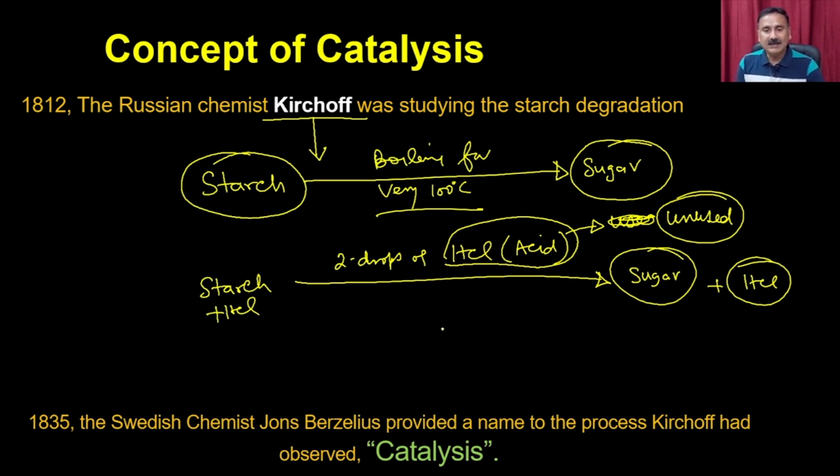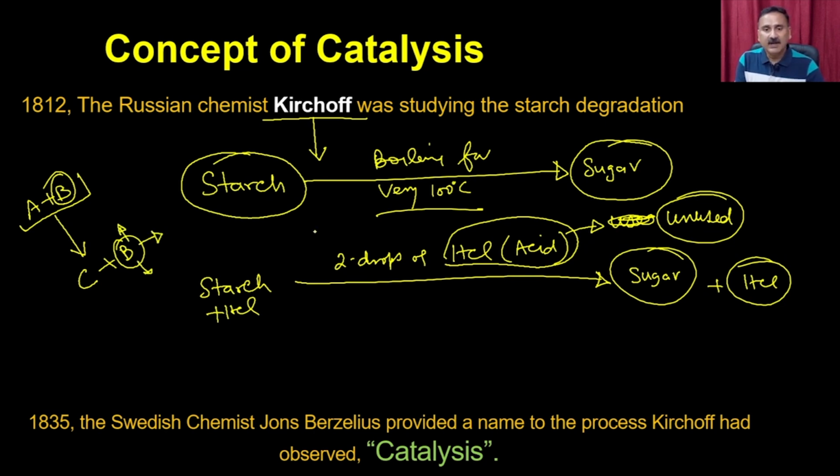This means HCl was converting the starch into sugar, but HCl itself was not participating in the reaction, and that was very interesting, because most chemists were aware that if A and B are 2 reactants and you generate C, it is unlikely that B is not participating in the reaction. So what is the role of B? This was the guy which was not participating in the reaction, but still it was driving the reaction.